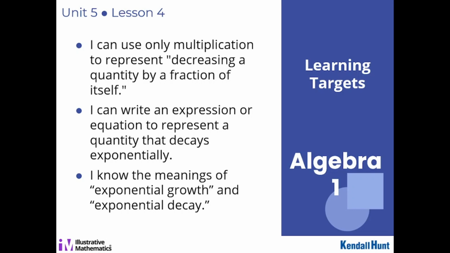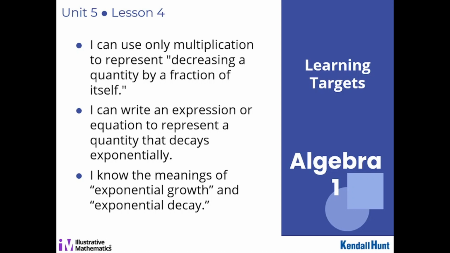Learning target number 1 says I can use only multiplication to represent decreasing a quantity by a fraction of itself. What they mean by that is instead of dividing to make it shrink, you can multiply by a fraction, and that is essentially the same thing as dividing.